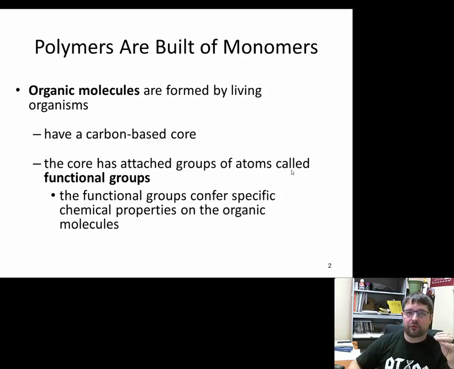Now, the carbon-based core is not really what gives the molecule its unique properties, because you'll have lots of molecules that have generally the same carbon-based core or carbon-based ring. It's the functional groups, the attachments to that chain or ring, that really give some kind of chemical property.